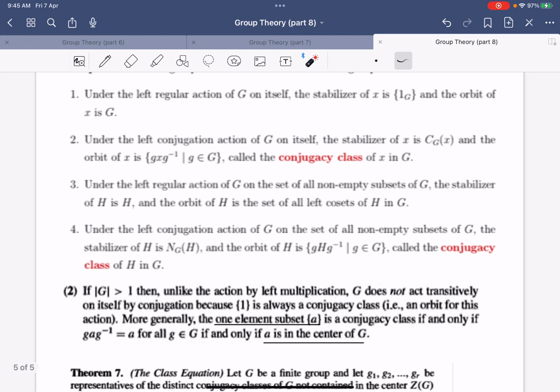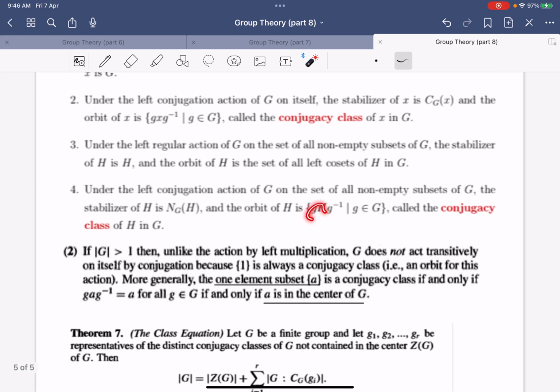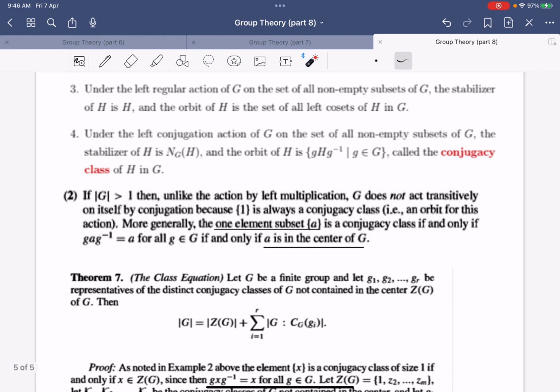And if you were to act on the set of non-empty subsets of G, then the stabilizer would just be the normalizer of H, and the orbits will be gHg inverse. And so we can say that a one-element conjugacy orbit occurs if and only if gAg inverse equals A itself, because this is the conjugacy class, so it must equal A for all g.